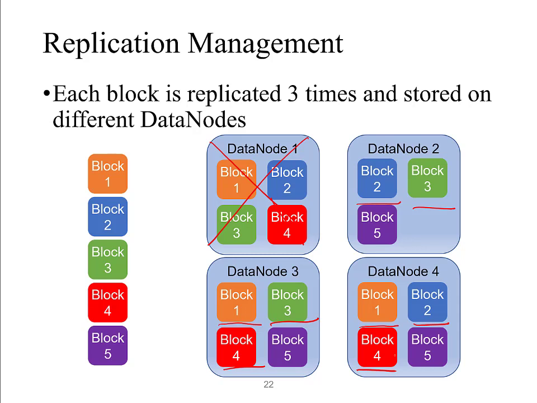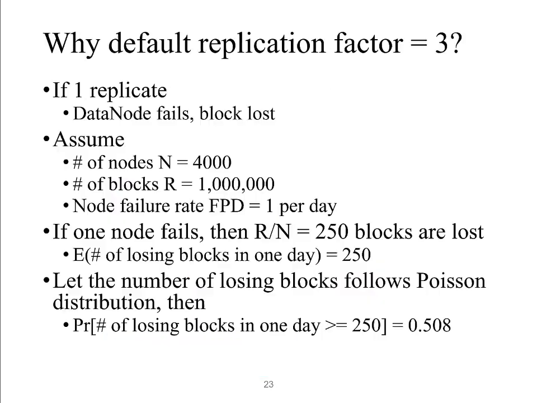Then we can store these blocks maybe when data node 1 is online again, or we can find a new place, let's say a data node 6, for example, and put blocks 1, 2, 3, 4 in that data node to maintain that there are always 3 replicates for each block in the HDFS.